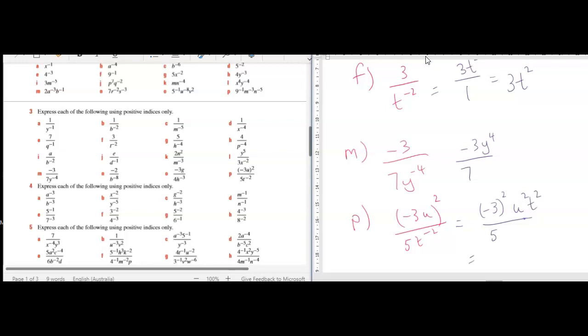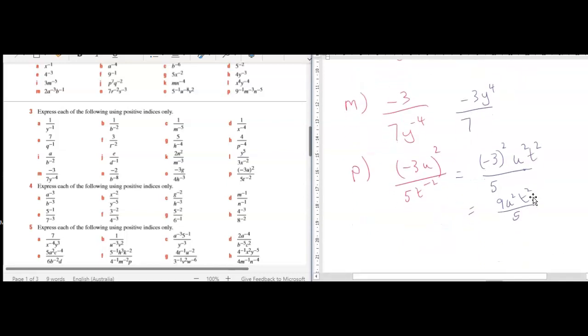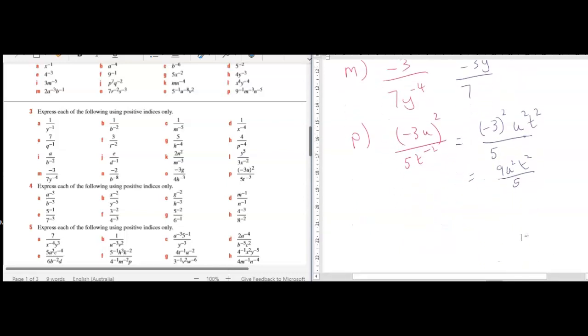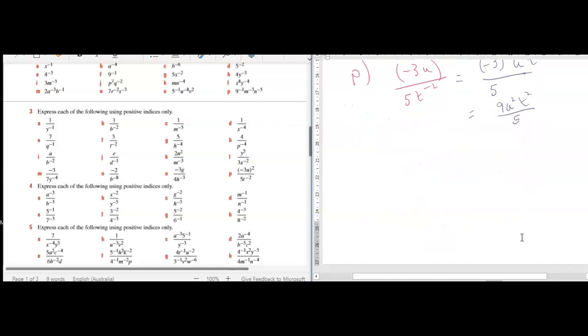So -3 squared, when you've got a negative base to an even power, it becomes a positive number. So -3 times -3 gives you +9. Then we've got 9 T squared over 5, and we'll just leave it like that. We don't need to put it into a mixed number. I can just leave it as an improper fraction.